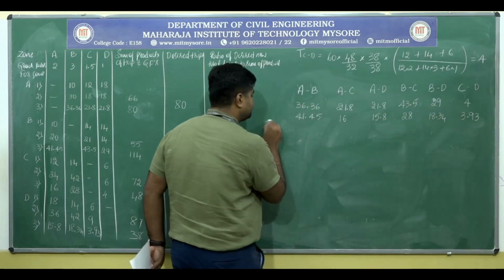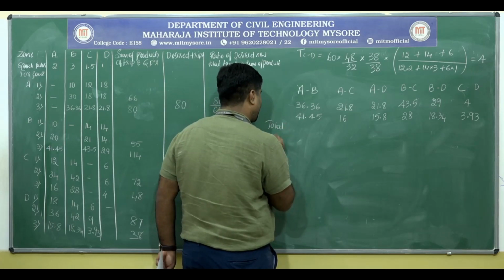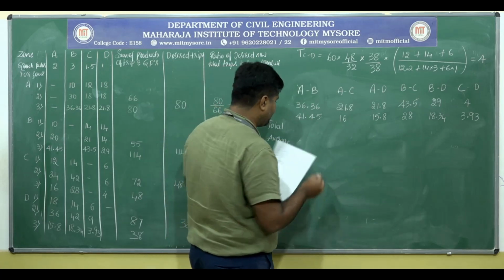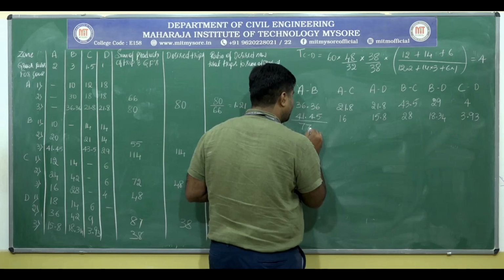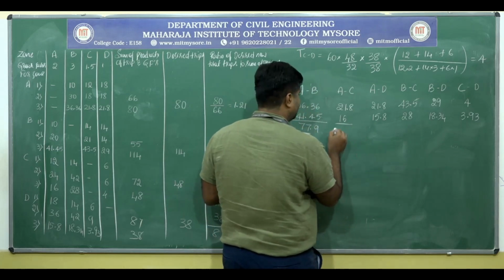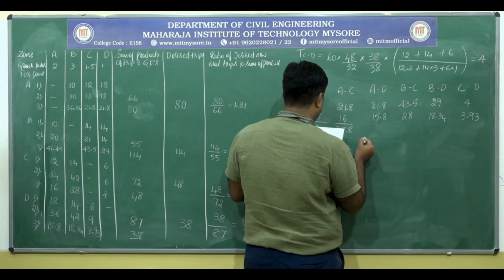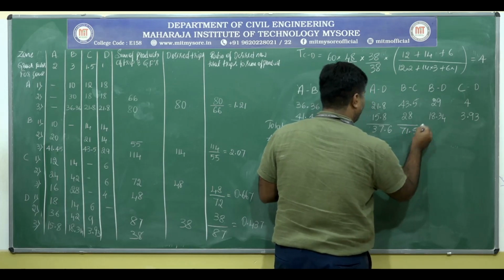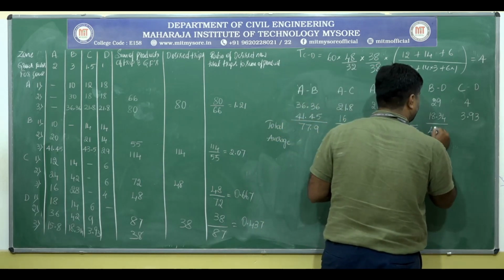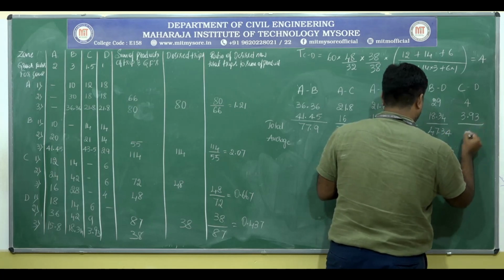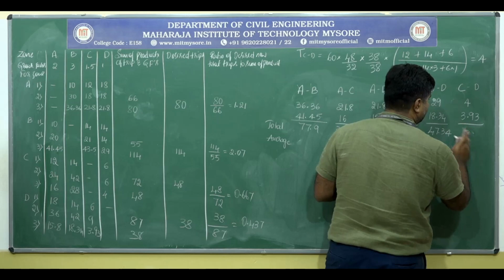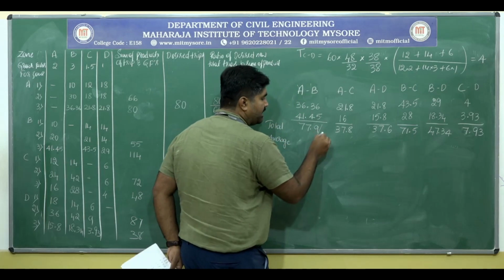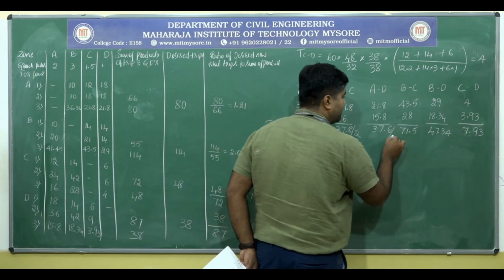See now, total this. We have to total this and we have to take the average of this. If you total, you will get 77.9, 37.8, 37.6, 71.5, 47.34, 7.93. We want the average of this, so divide by 2.